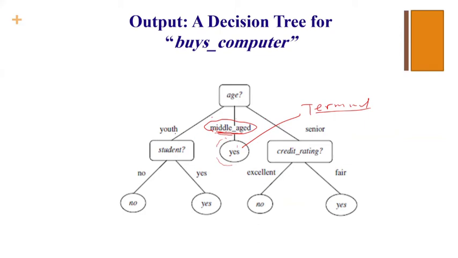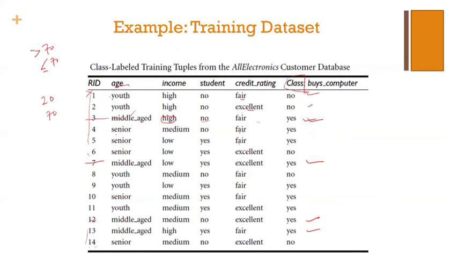However, we have a problem with people whose age is youth. It means here we still have some people who are youth, and some people here who are youth. We also have people here, these are the seniors. But the middle age group, we totally categorize at once. So the next thing is to move back and select the next attribute.